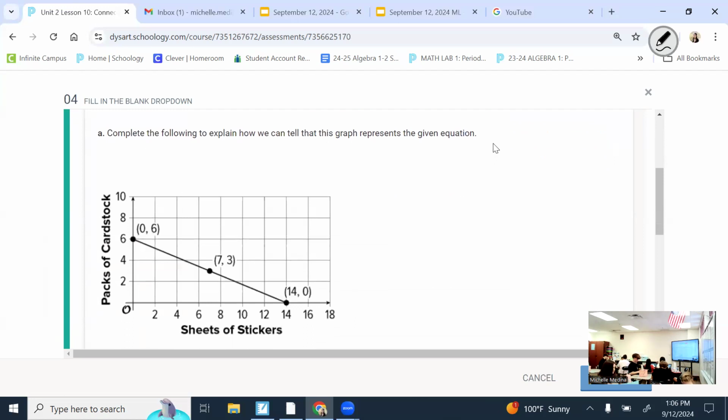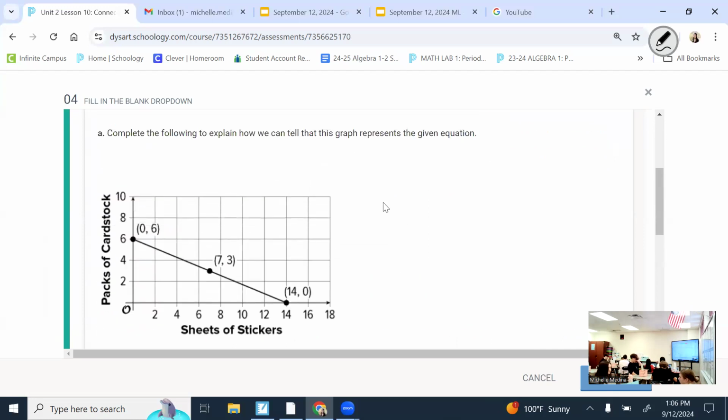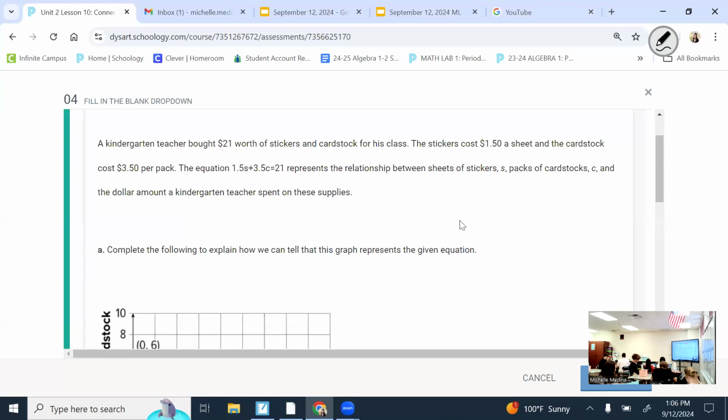Complete the following to explain how we can tell that this graph represents the situation. So if we substitute the pairs of coordinate values of the points on the graph into the equation, and let me write down that equation so I don't have to keep scrolling.